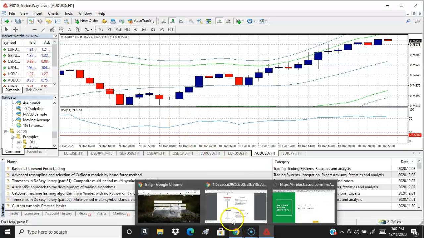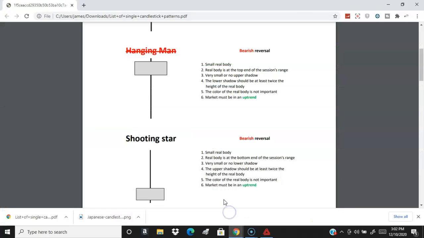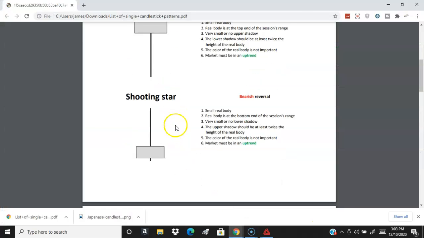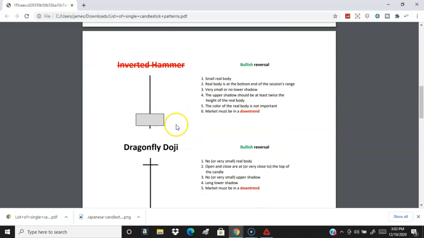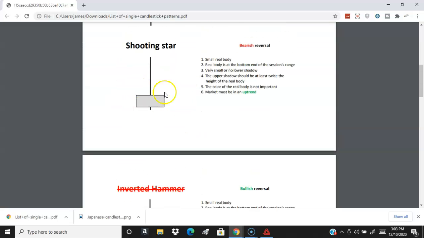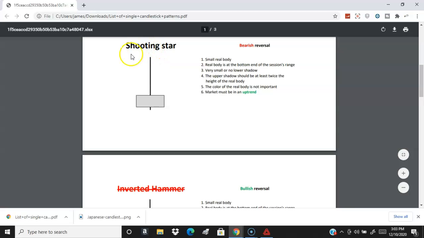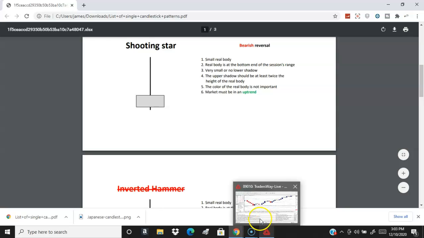Okay, but you get the point, guys. It's kind of hard to show on these charts sometimes. But if it's in the uptrend and you see the shooting star, thinking about wrestling, if you see that, that means it's a bearish reversal. So the market's about to go down.